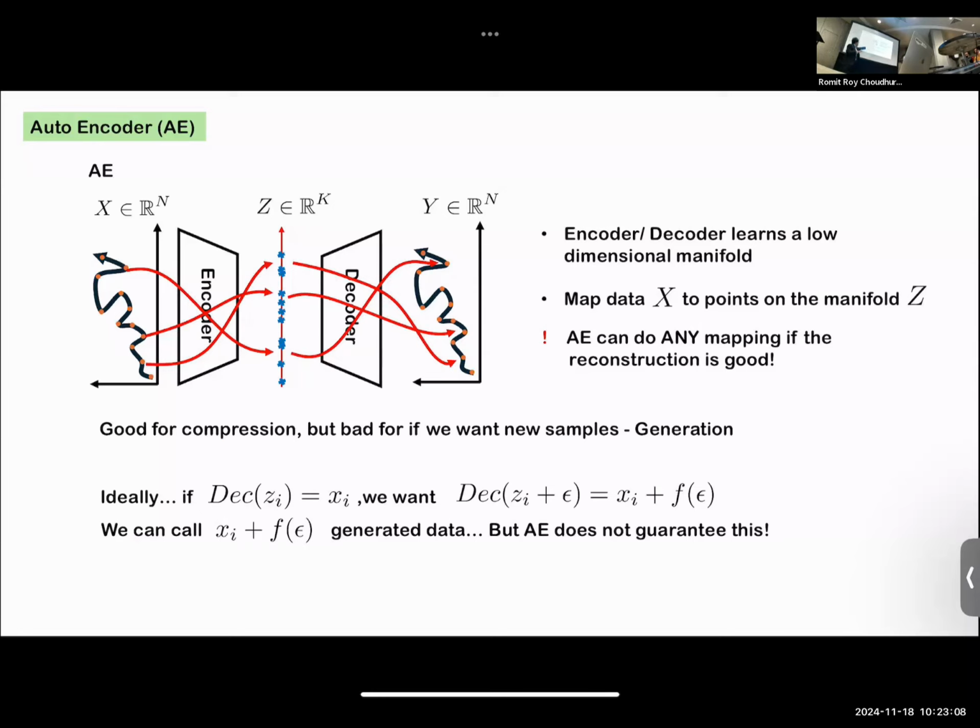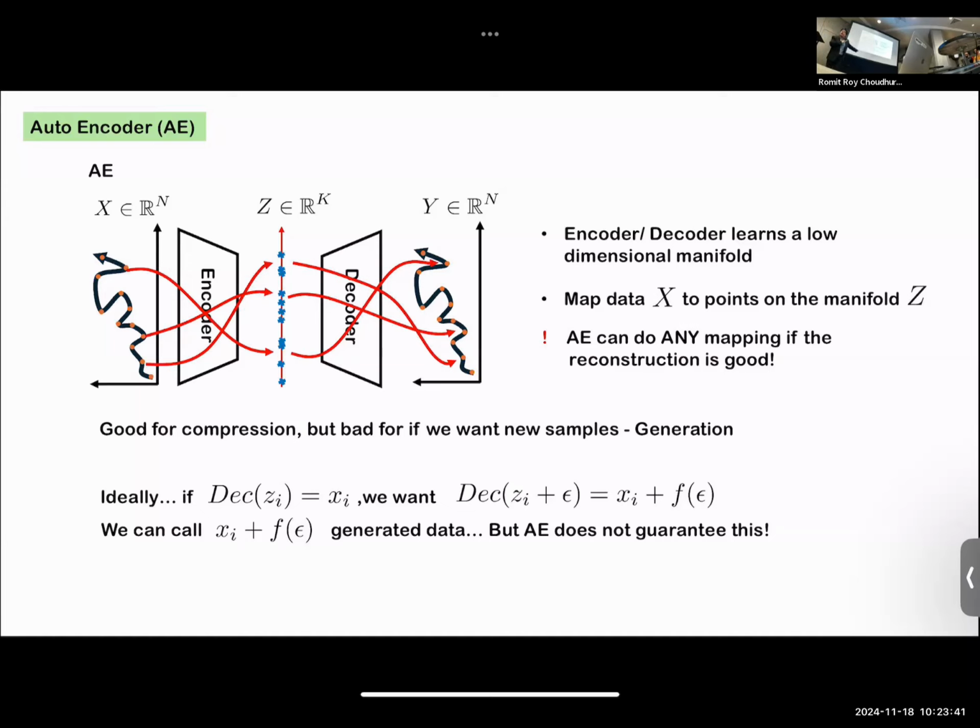Ideal generation is if I take some Z here, and the decoder of it goes back to here on the data manifold. This is in the training data. Ideally, if we move a little bit from the Z of a training sample, it should not move too far away from the training images. So the decoder of Z_i plus some epsilon should be the training data plus some epsilon function, which is bounded.